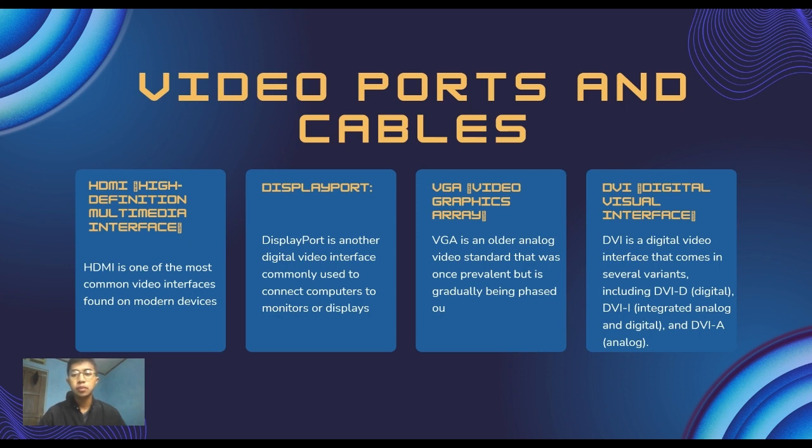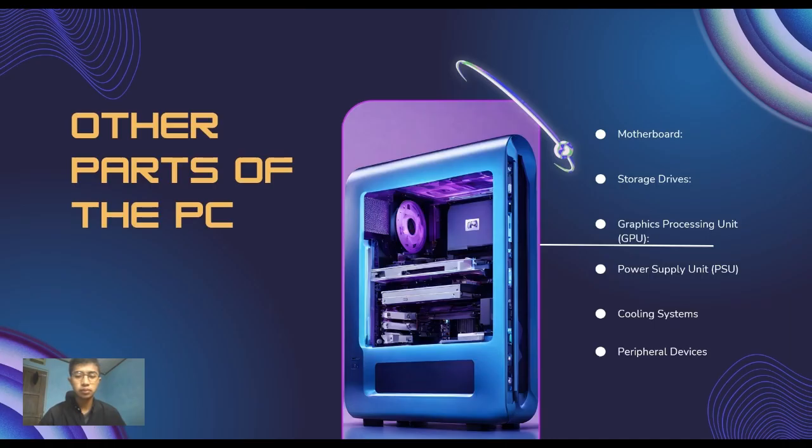The type of cable used corresponds to the port of connection, ensuring seamless communication and functionality between devices. Next, on the next PowerPoint, we will discuss other parts of the PC.